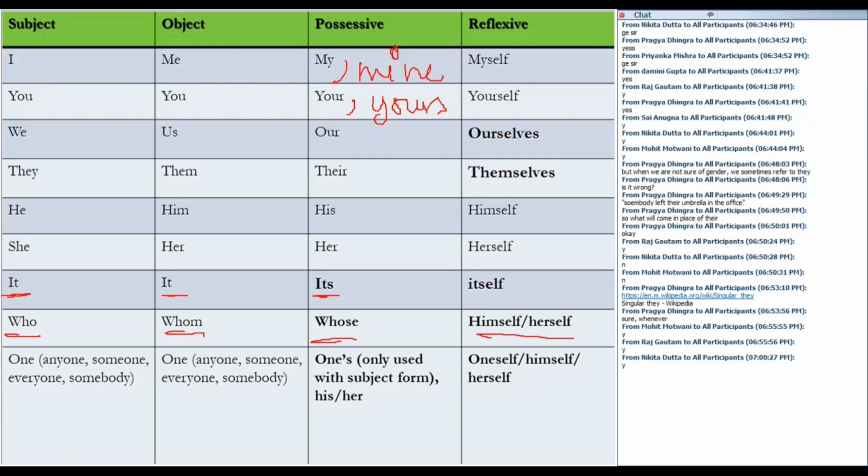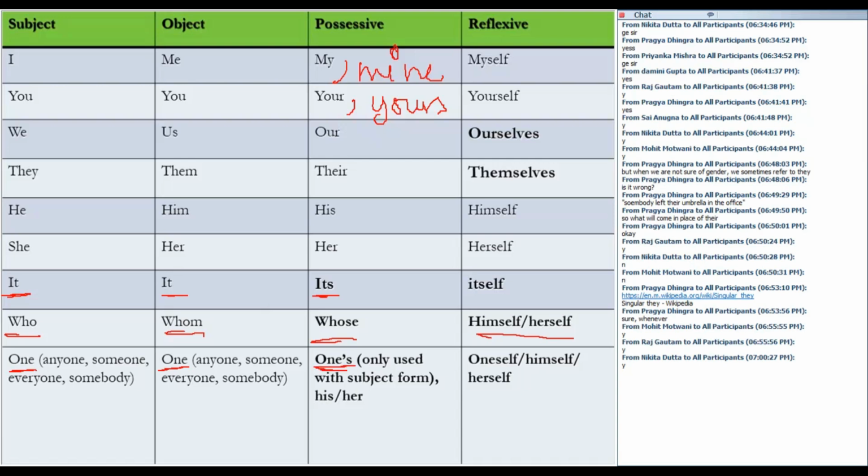And now the last one, which is very, very important. When you use the pronoun one, remember that the objective and the subjective case of one is the same. The possessive case of one is always one's.